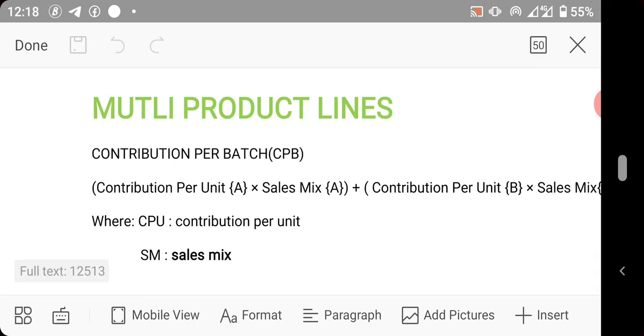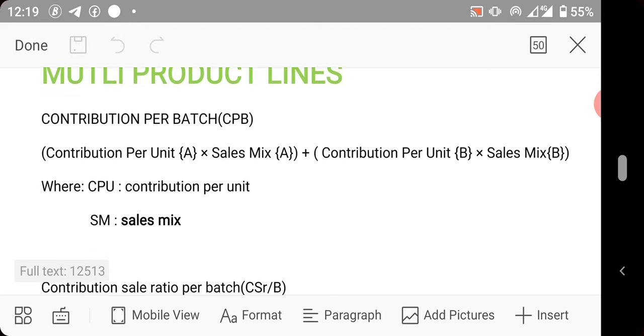If the company has two product lines, alphabet A will be product A, alphabet B will be product B. If the company has four products, it's going to be alphabet A for product A, down to D for product D. We prepared this note and class using two product lines, which are A and B. Now the contribution per unit of A times the sales mix of A plus contribution per unit of B times the sales mix of B. You understand?